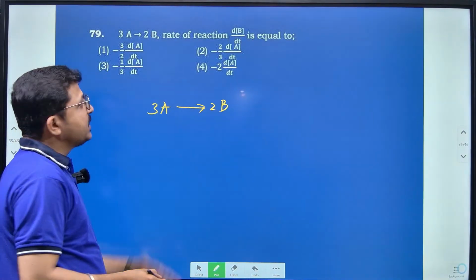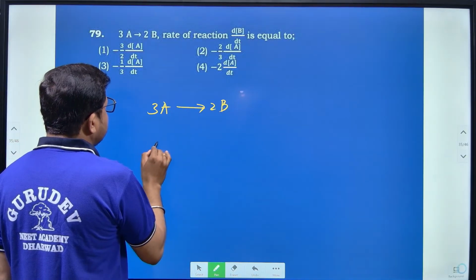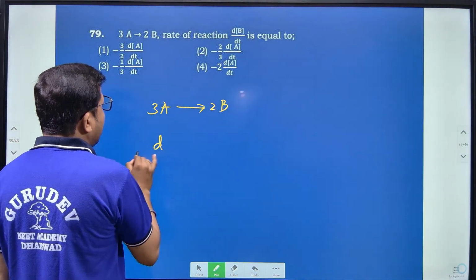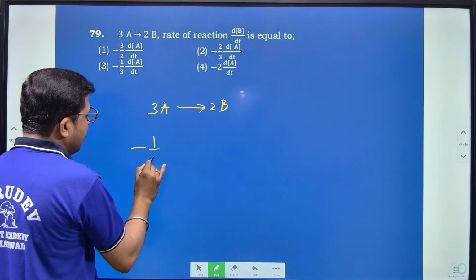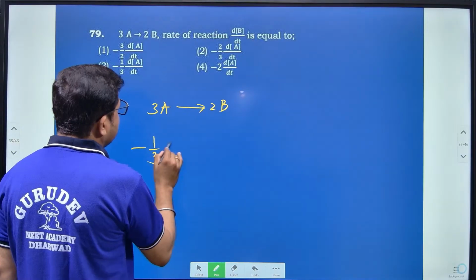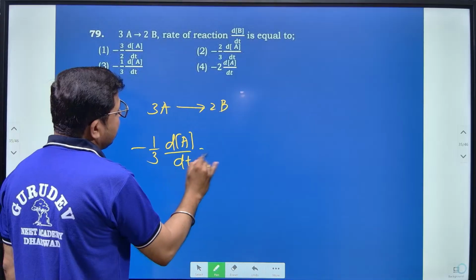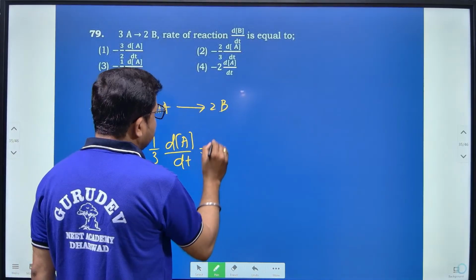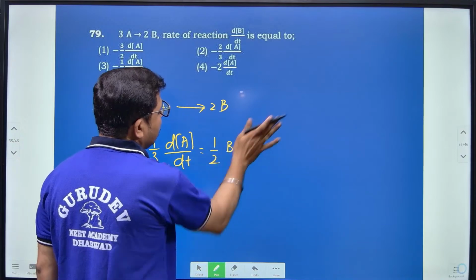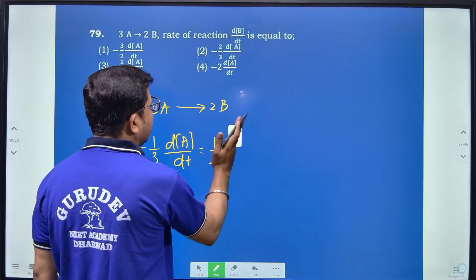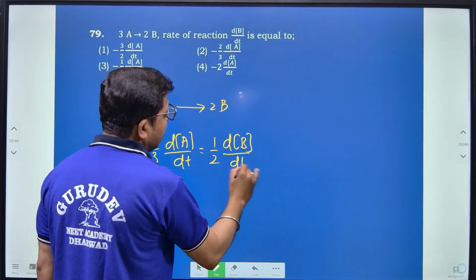The differential rate equation we have right here is the change in the concentration of reactant A with respect to time, is equal to the change in the concentration of B with respect to time.